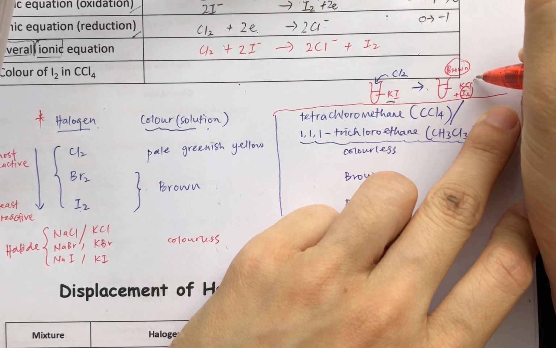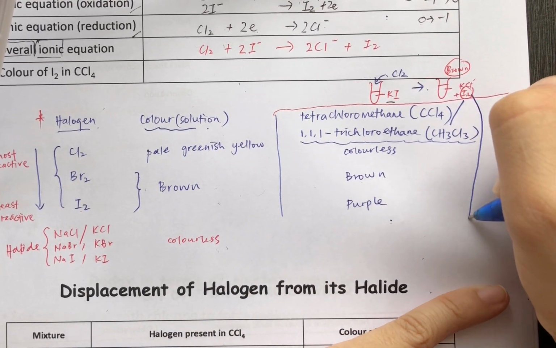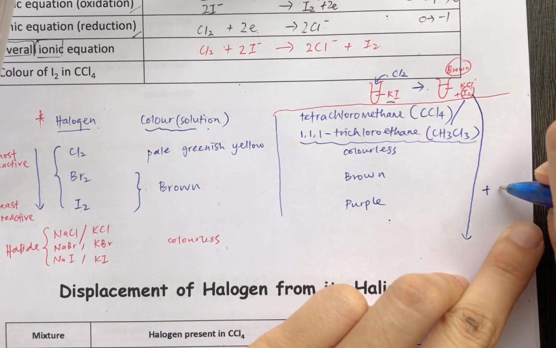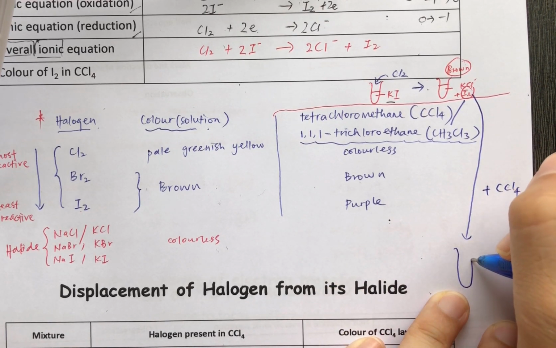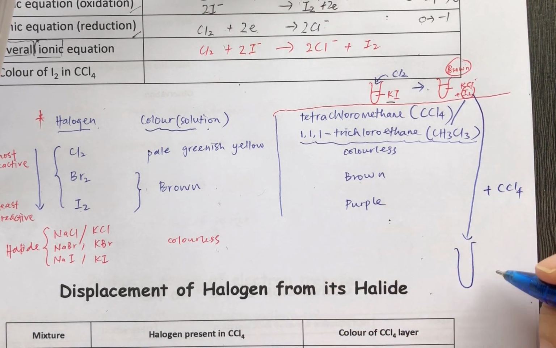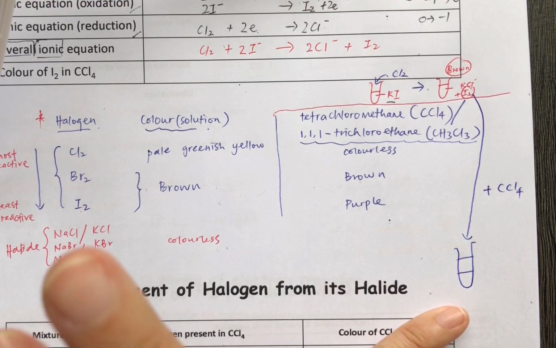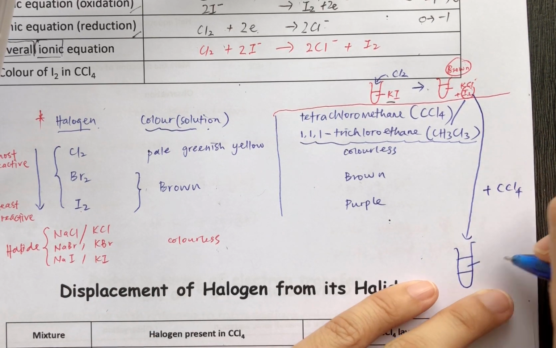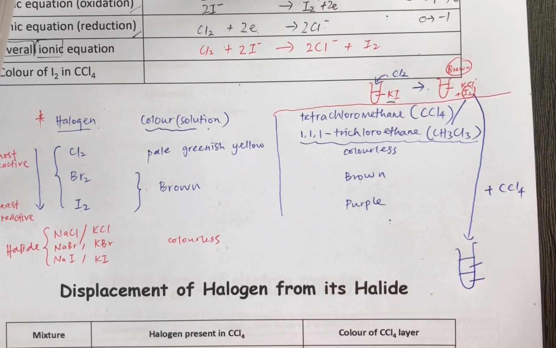What you can do here is add tetrachloromethane. The moment you add tetrachloromethane, you will form two layers, and the top layer and the bottom layer will have a different color.